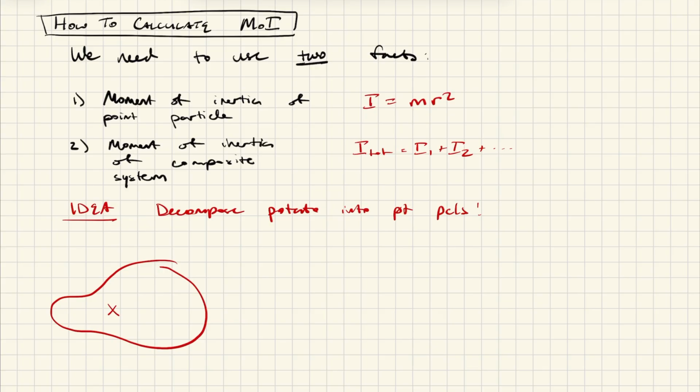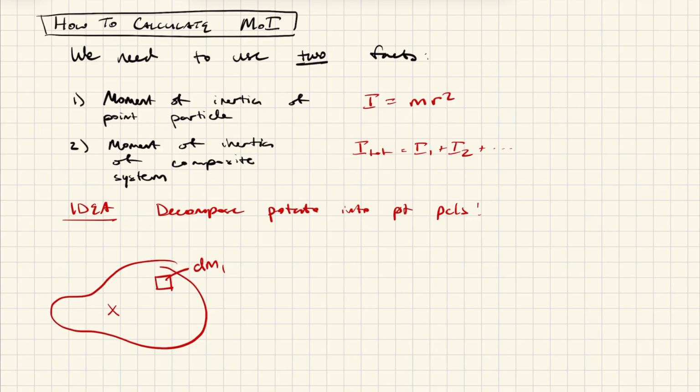The idea is we can decompose this object into little pieces of mass that are specific distances away. For example, we can isolate a patch like this, and we'll call this dm1. The reason I'm calling this dm1, instead of just m1, is because we're talking about an infinitesimally small piece of this potato, and so it's going to have an infinitesimally small mass. What we're going to do is integrate over the whole potato, okay?